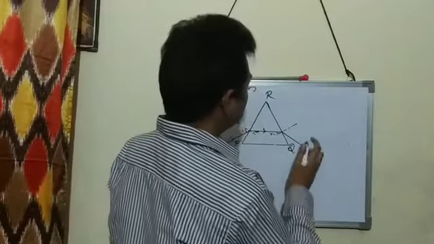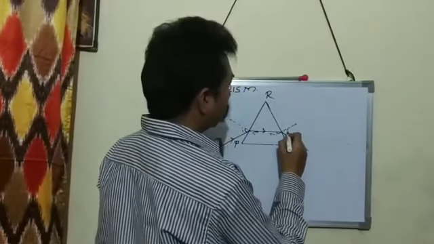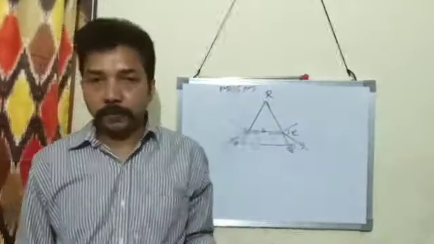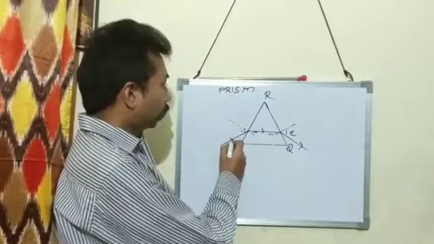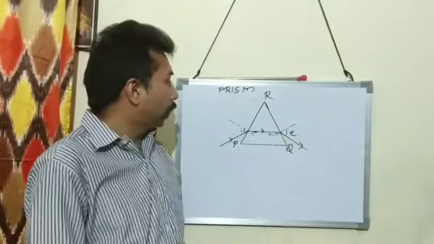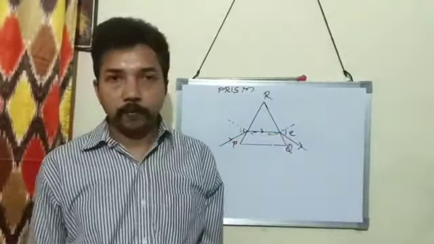The angle between the emergent ray and the normal is called the angle of emergence. So this is the incident ray, this is the refracted ray, and this is the emergent ray. So you can see the angle of incidence and the angle of emergence.